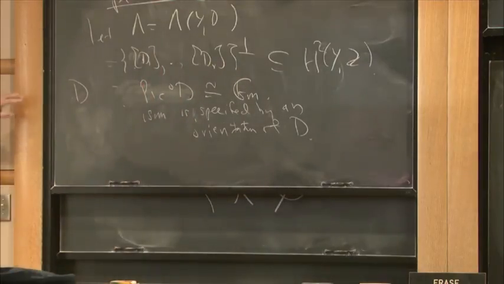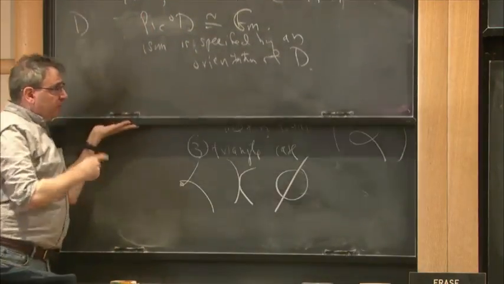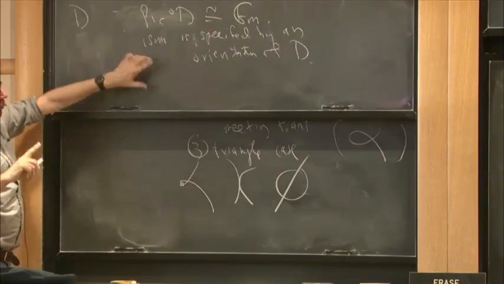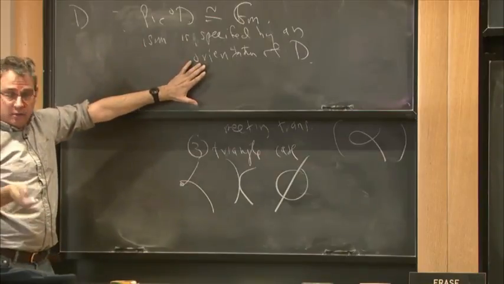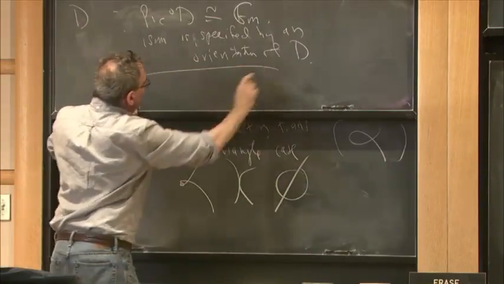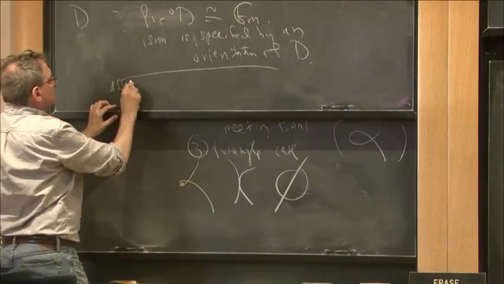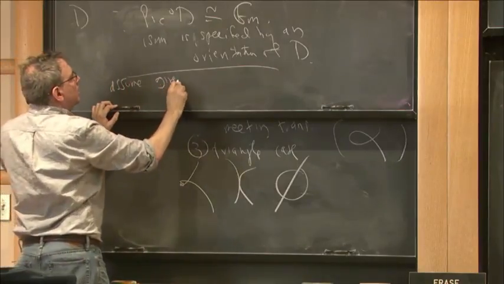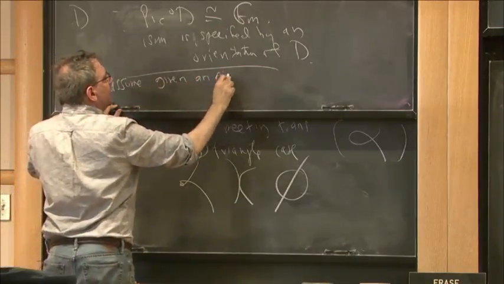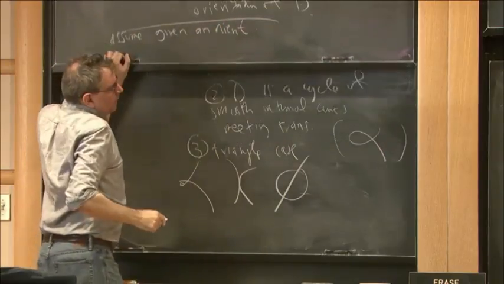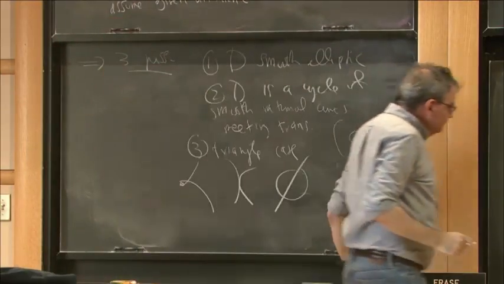So if there are more than two components, you just literally orient the cycle. Otherwise, you have to orient H1 of D or say something equivalent. So from now on, I want to assume given an orientation, and keep that as part of the information.